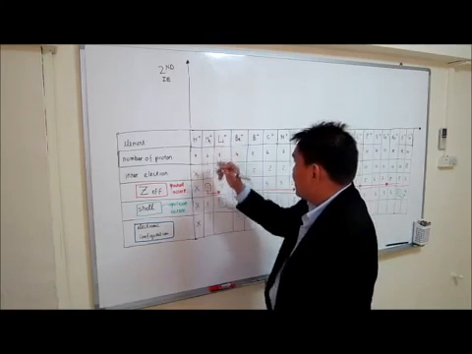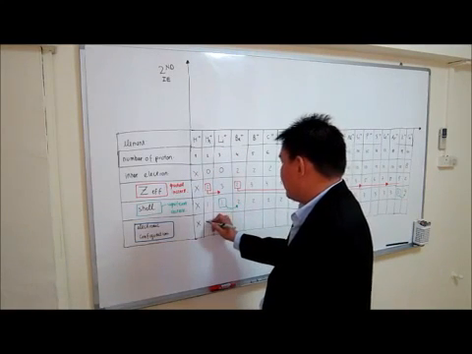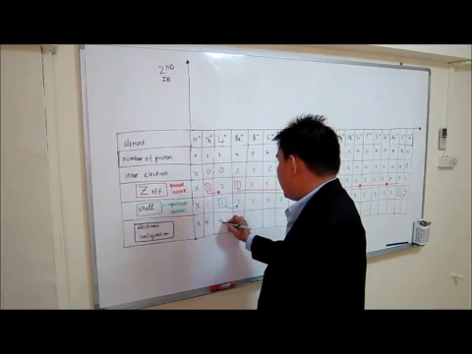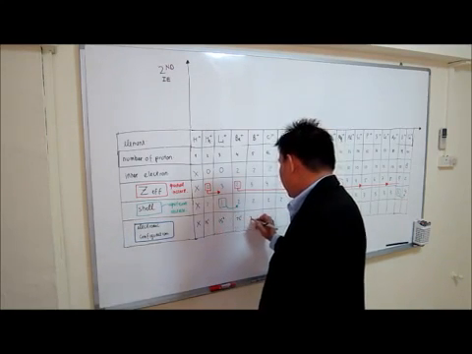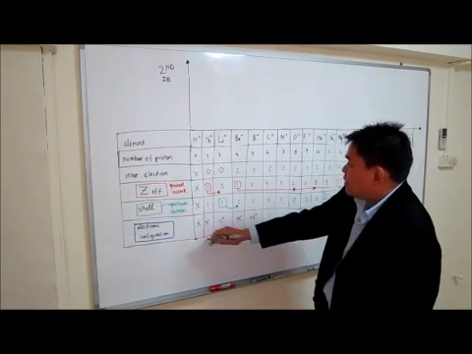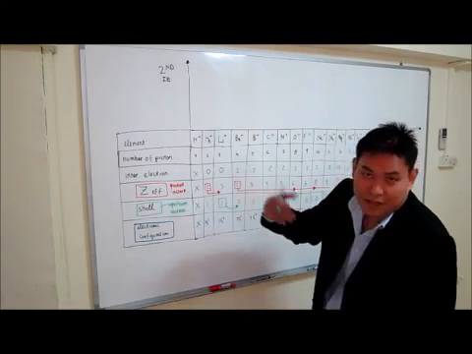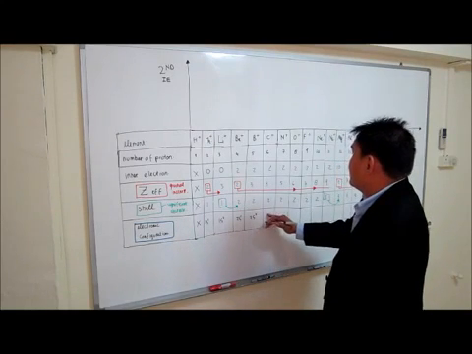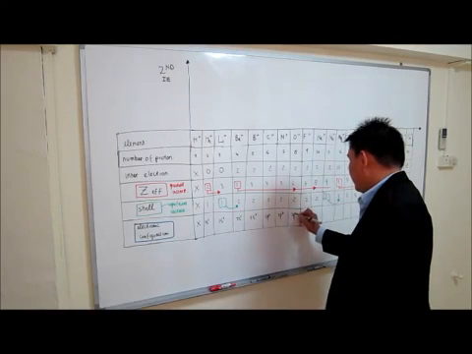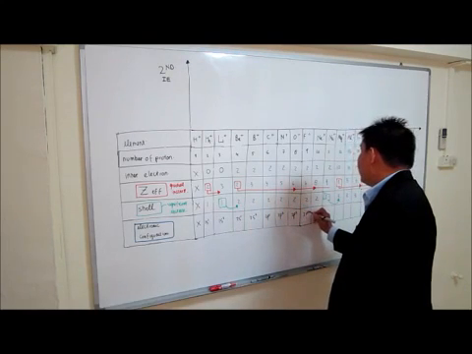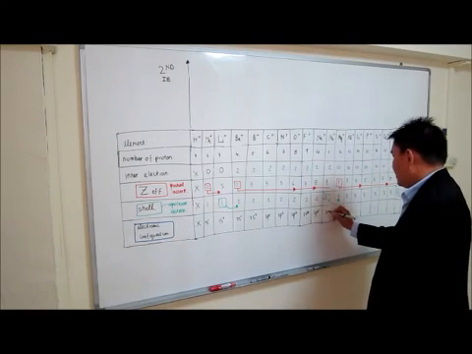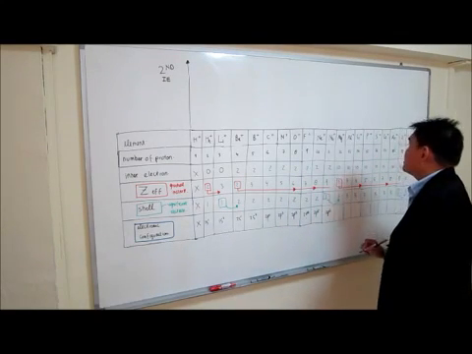cation. So in the case of H plus, you have down here 1s1, Li plus is 1s2, 2s1, 2s2. H plus, of course, you don't have because you already removed the electron. C plus is 2p1, 2p2, 2p3, 2p4, 2p5, 2p6.